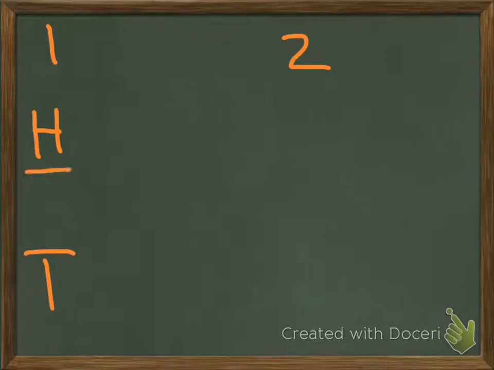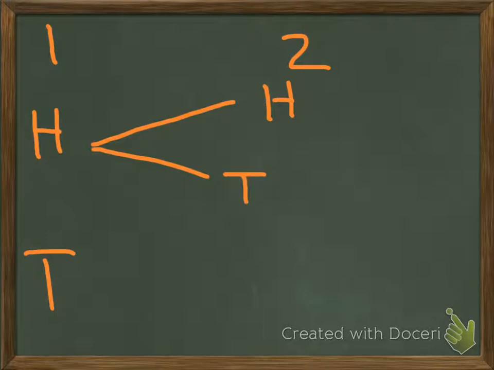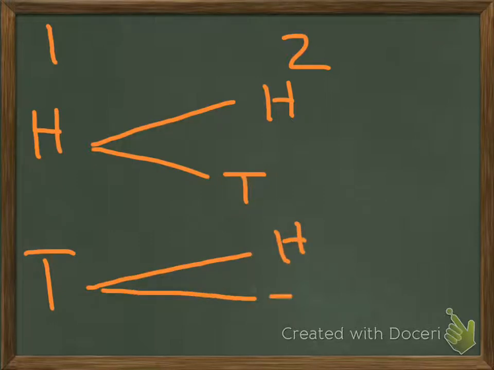If we flipped it and got heads the first time and then flipped it again, we could get heads again and tails. But if the first time we got a tails, when we flipped it again, we could get a heads and a tails. Okay? So, when we flip the coin 2 times, there are 4 possible outcomes. Okay? That goes in the denominator.